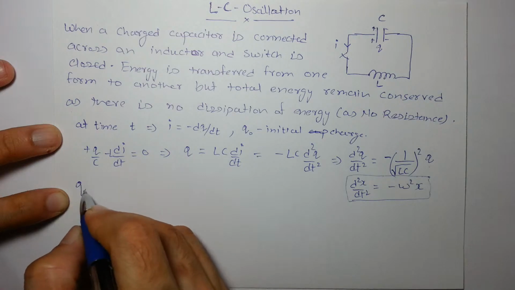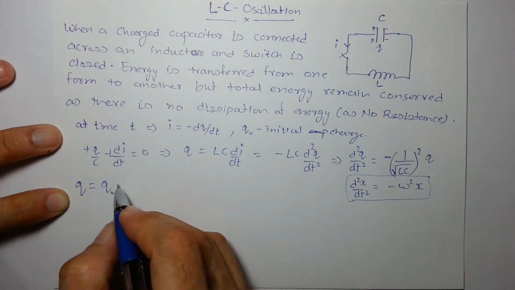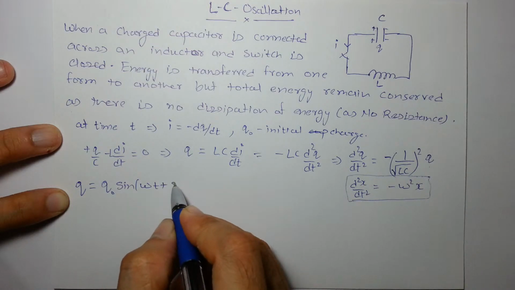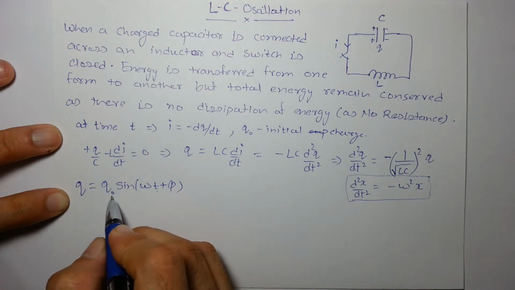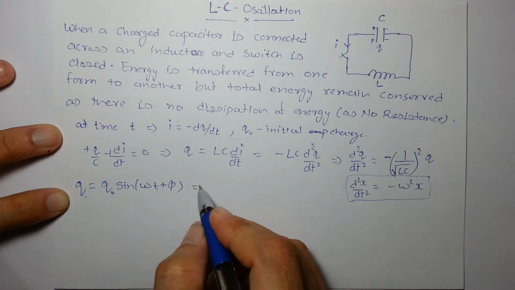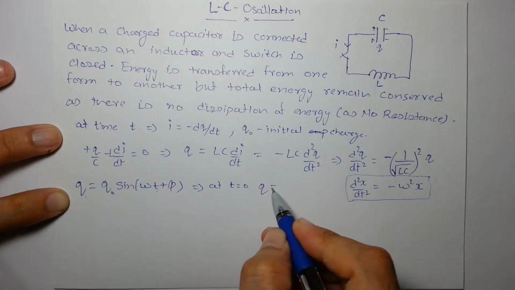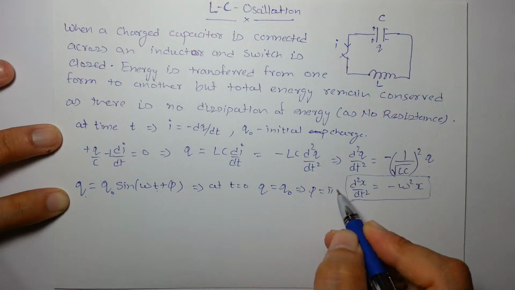So q can be written as q naught, which is the maximum or initial charge, sine omega t plus phi, and as at t equal to 0 the charge was maximum, q was q naught, which implies phi is pi by 2.